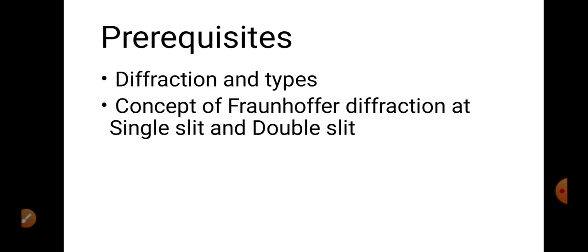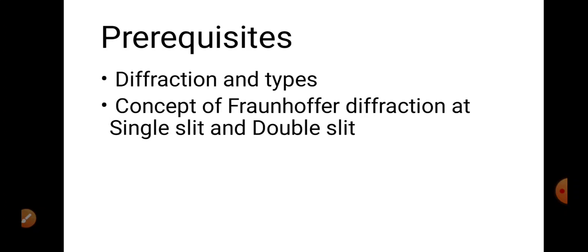We require some basic details to understand the following session completely. The basic things are, first of all, the definition and types of diffraction. Basically, it is a phenomenon. The definition is that the spreading of light waves at an obstacle is called diffraction.